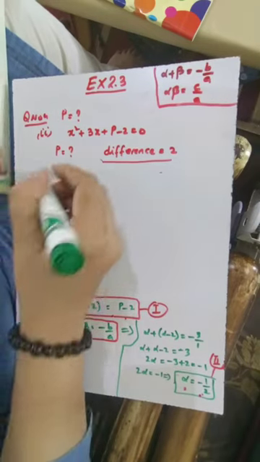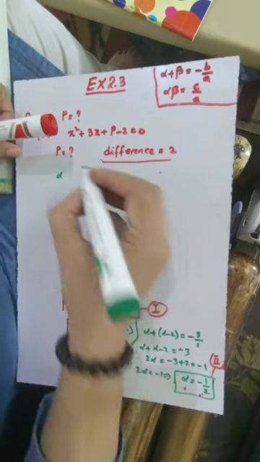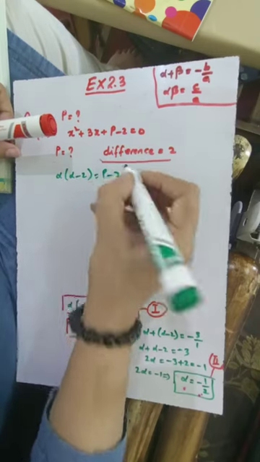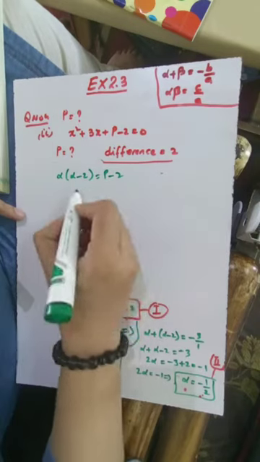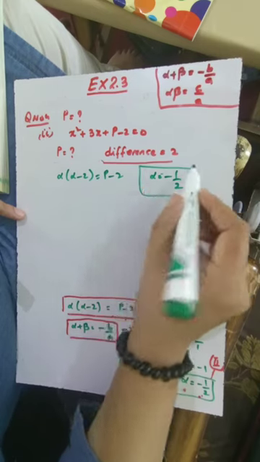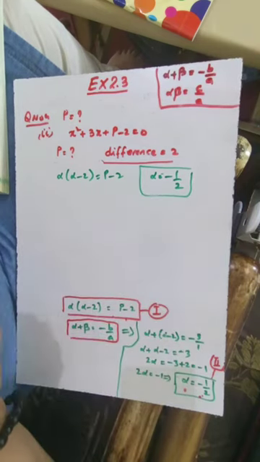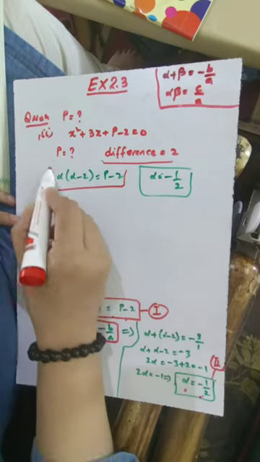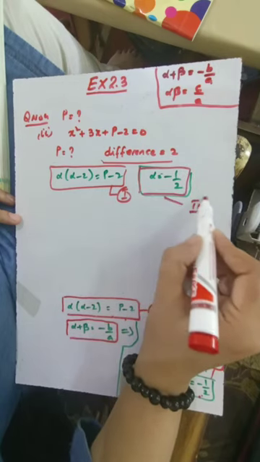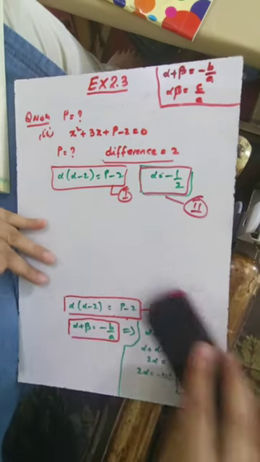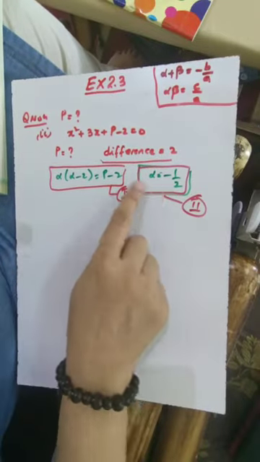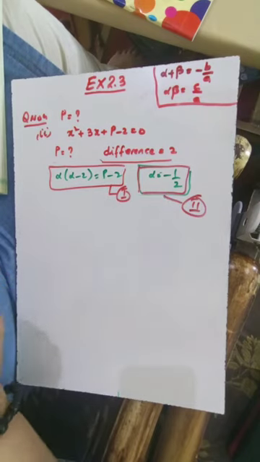Let me write this equation first. Alpha into alpha minus 2 is equal to p minus 2. This was the equation that we got from the product of the roots. And this is the equation which we got from the sum of the roots. So we have two equations, equation 1 and equation 2, and now we can easily find the value of p by putting the value of alpha from equation 2 into equation 1.